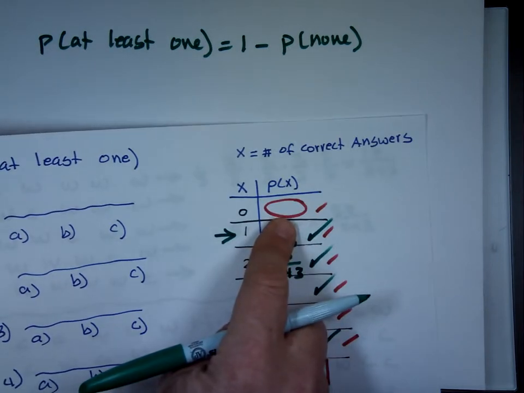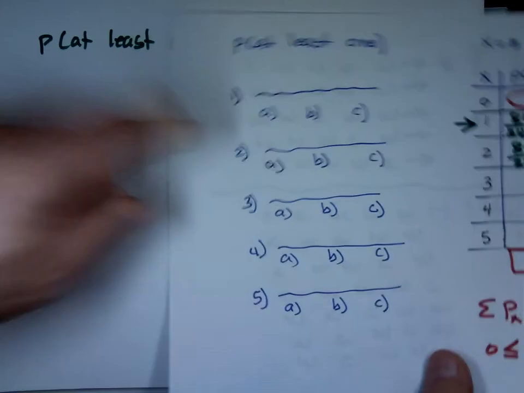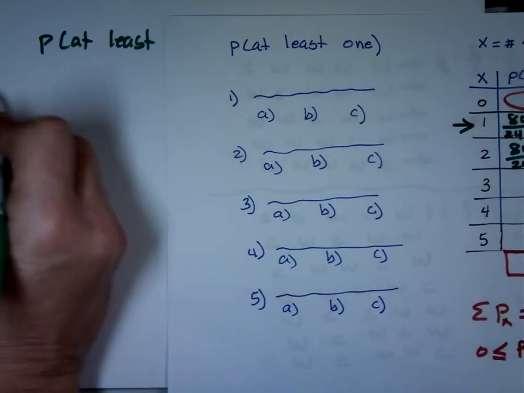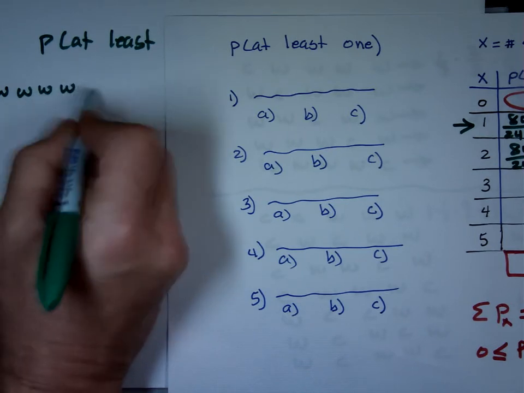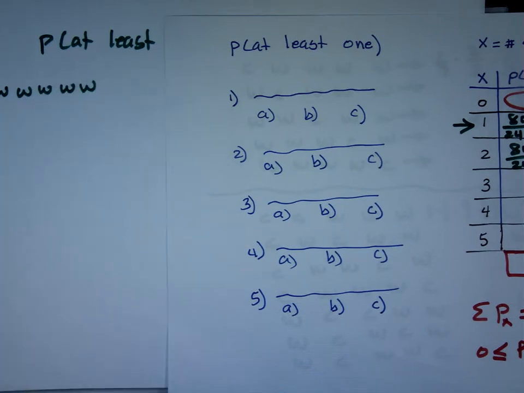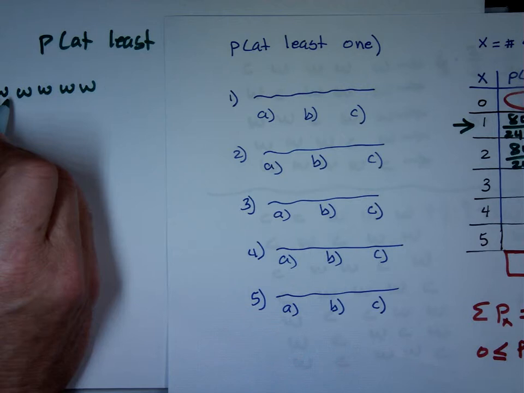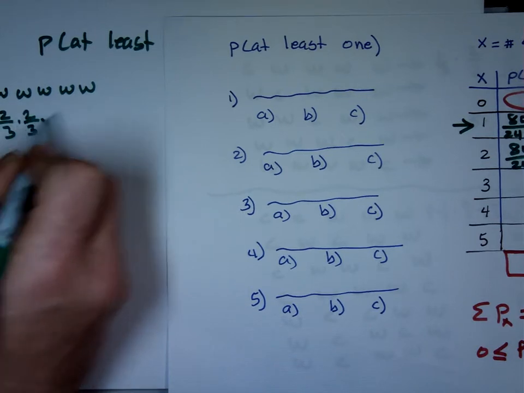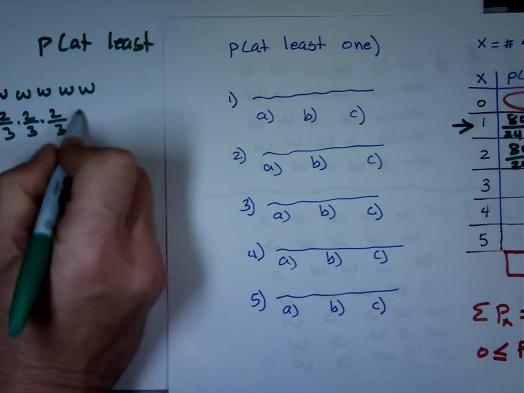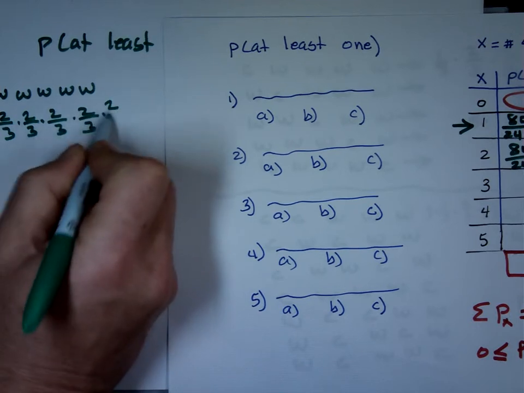It's one case. If you want to get no correct answers, that means you get the first question wrong, the second one wrong, the third one wrong, the fourth one wrong, the fifth one wrong. There is no other way. To get each one wrong is 2 out of 3, 2 out of 3, 2 out of 3, 2 out of 3, and 2 out of 3.